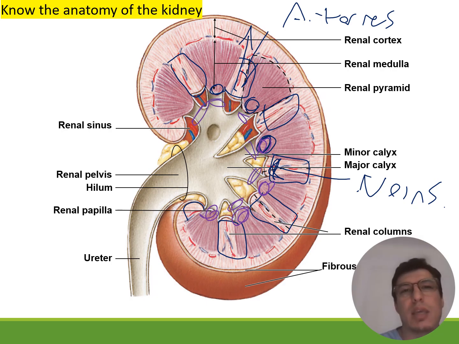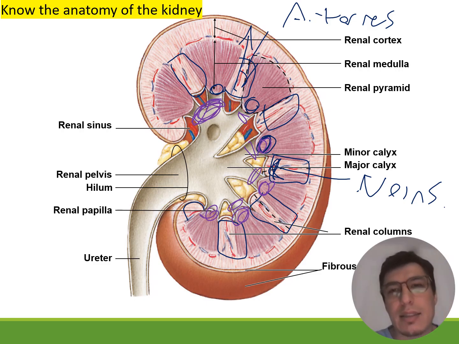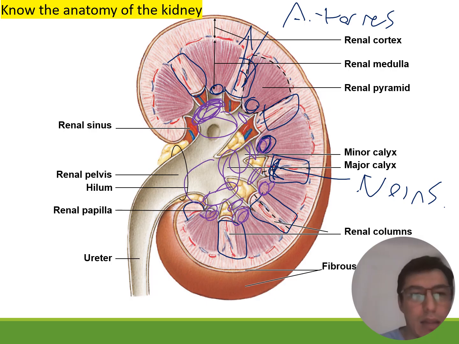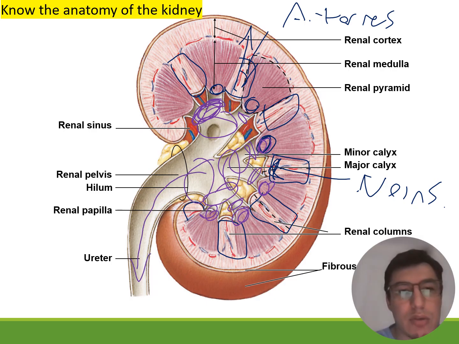Once we join multiple minor calyxes, we have a major calyx. Once we join these major calyxes, we have the renal pelvis, the hilum, and that leads the urine to be released through the ureter.